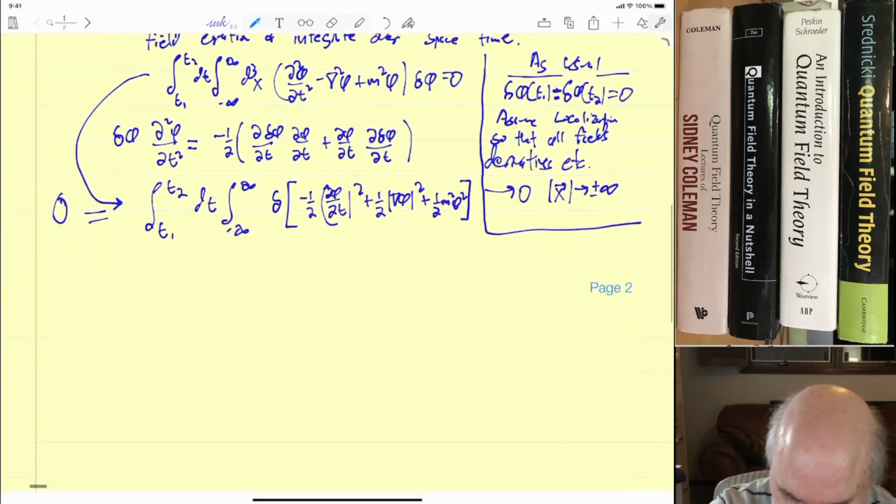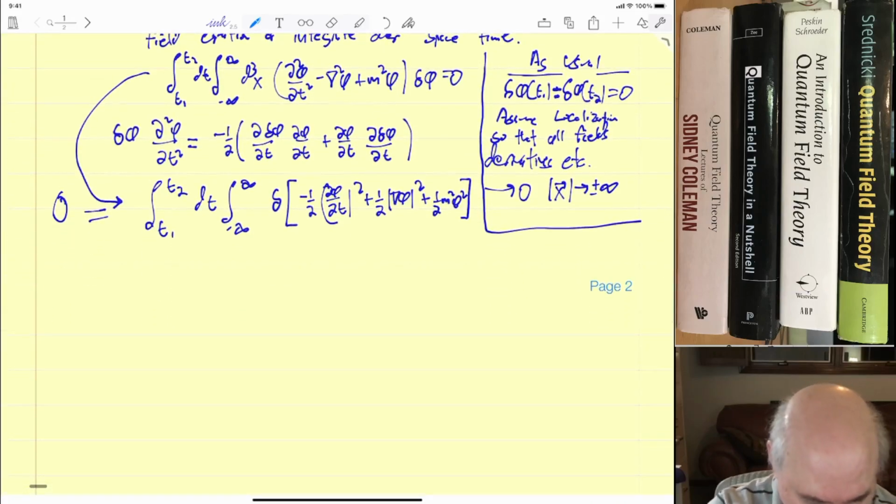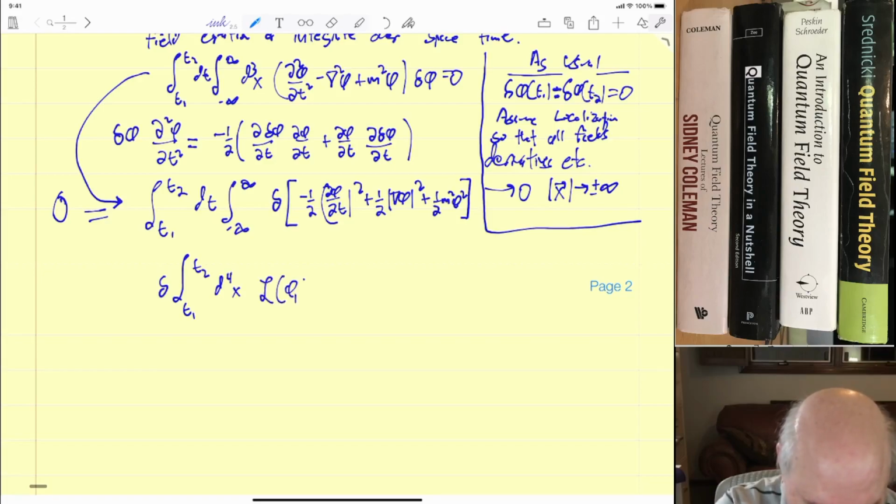And so if you remember our basic Lagrangian thing, we have this delta, the integral from t1 to t2, d4x of L of phi, comma the partial of phi with respect to x mu, is equal to 0.